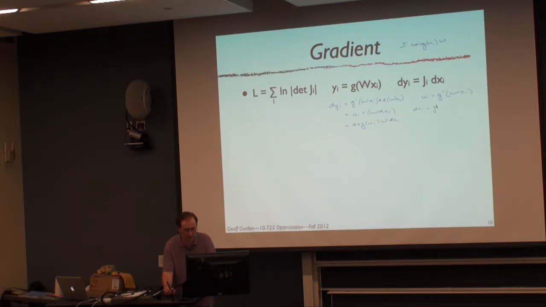So it'll be g''(Wx_i) Hadamard product with dW times x_i, because I'm taking the differential with respect to W this time. And now I will define this here, that I will call v_i. And so I have v_i Hadamard product with dW x_i.